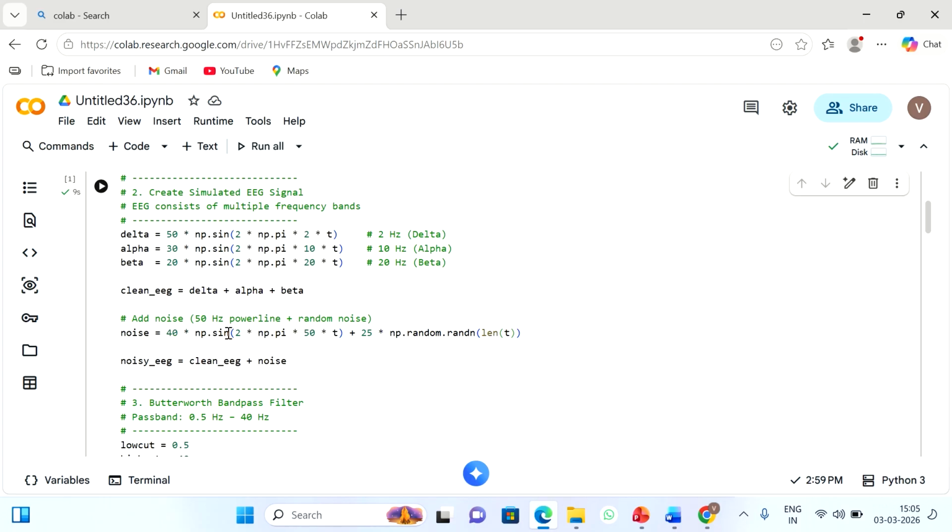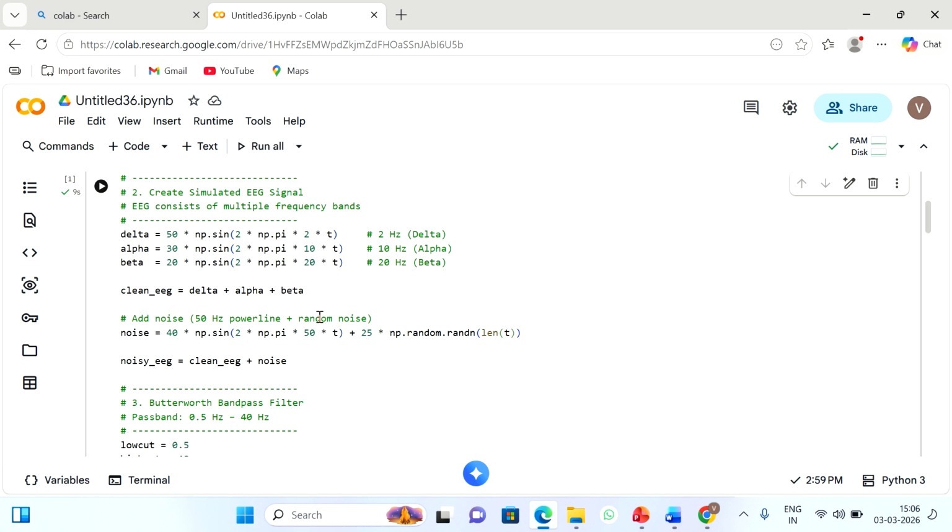Then add noise: 50 hertz power line interference plus random noise. Why 50 hertz? We get 230 volt AC at 50 hertz from the electricity board throughout India, so the power line frequency in our country is 50 hertz.